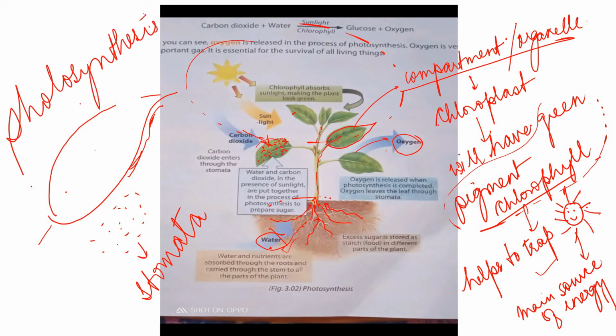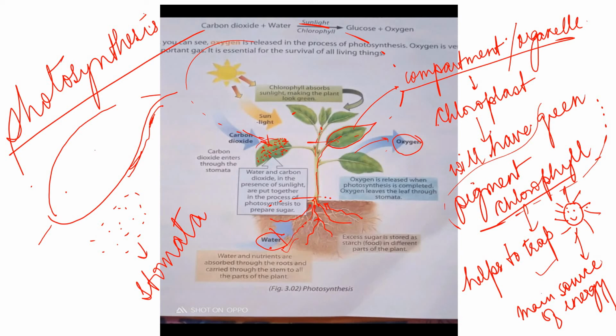That's why it's very important to keep on planting trees, to keep on planting plants. So that is what it is all about, your photosynthesis.